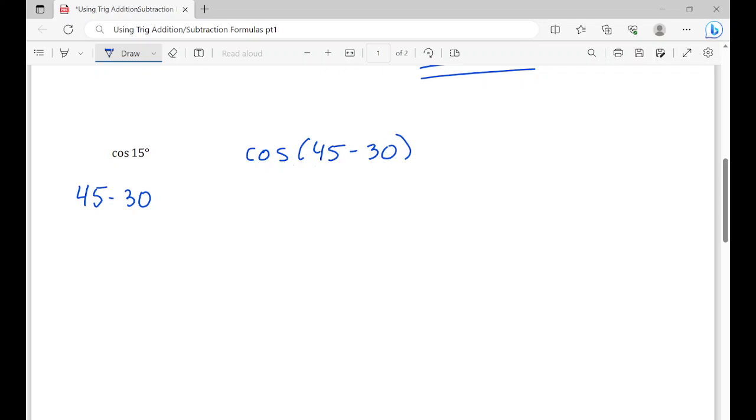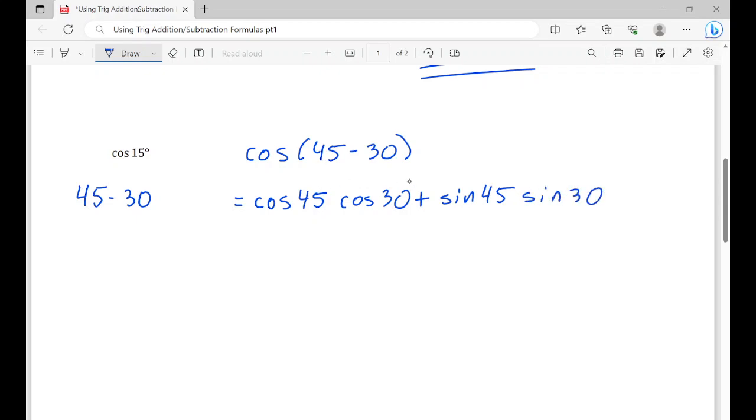So when I do that, plug it into my cosine difference formula, subtraction formula, I'm going to get cosine of 45, cosine of 30, plus, because the signs are different for this one, sine of 45, sine of 30.